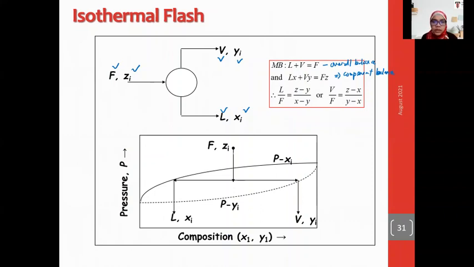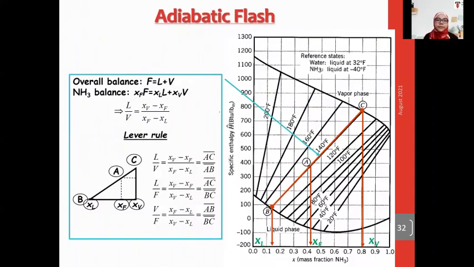We have F, this is Fz, and this is for the vapor and the liquid phase. Once we perform the balance, we can get this arrangement. So that's why we use the concept of the distillation column to solve the problem related to the isothermal flash.